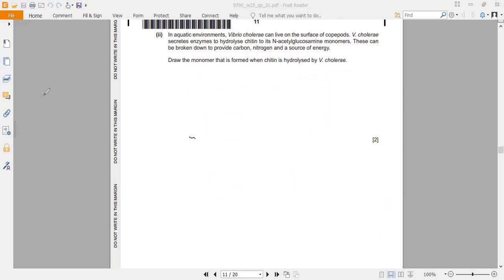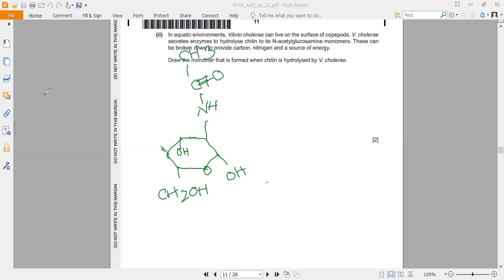First of all, we draw the first monomer with OH, the same as it has been shown in diagram 4.1, then CH2OH, and here you can see NH, C, NH, CH, and CH3. So this is the one monomer.